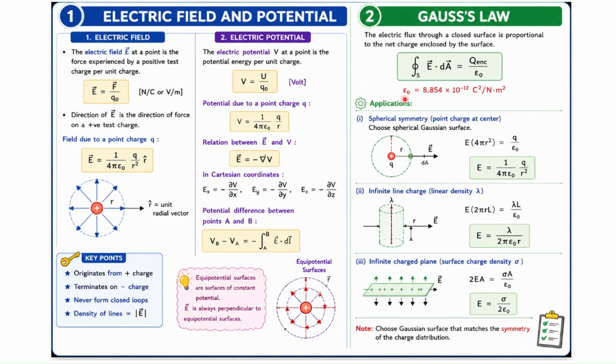Electric flux is just field lines, like magnetic flux, as we mentioned previously. So the total field lines, in terms of electric flux, through any closed surface is directly proportional to the net charge enclosed by that surface.